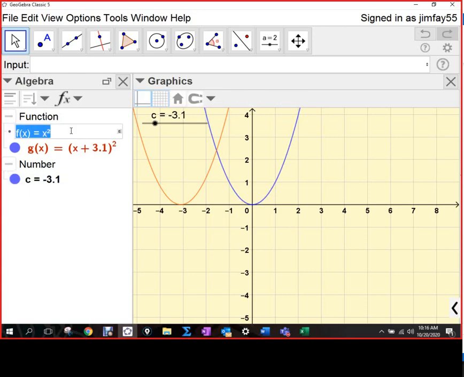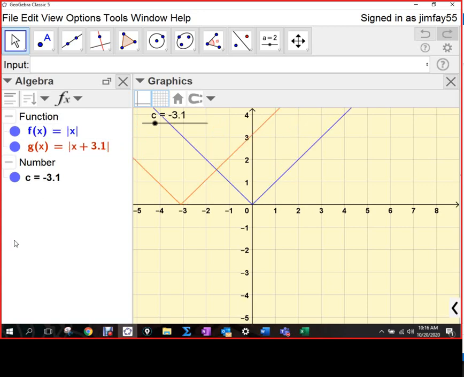Let's say my function is the absolute value of x. Because I am adding 3.1 before I take the absolute value, we can see that that is still a horizontal movement.